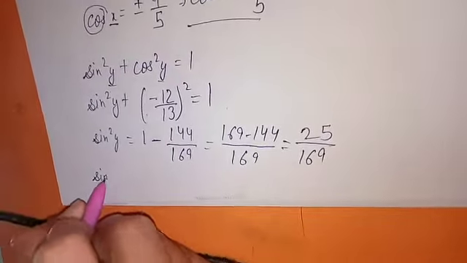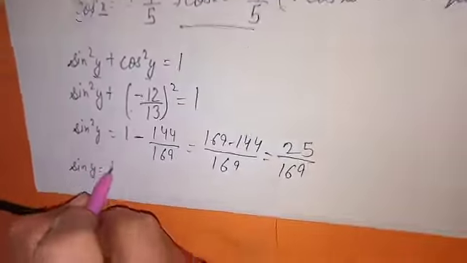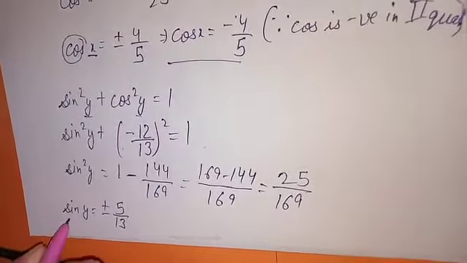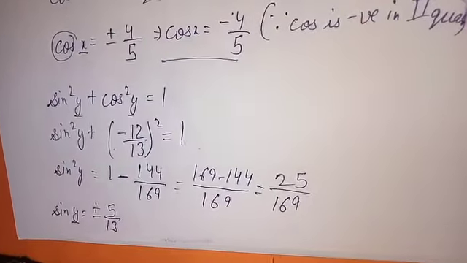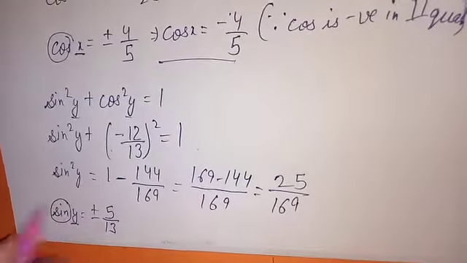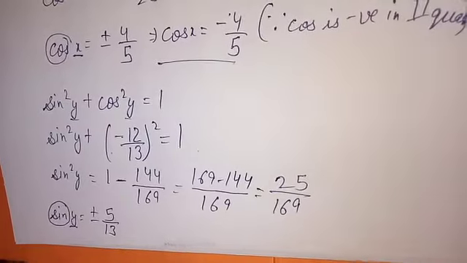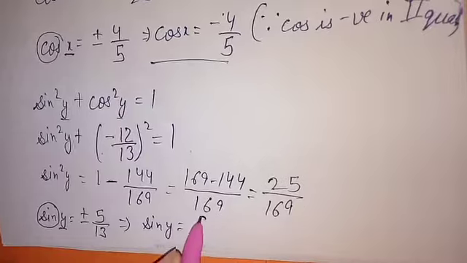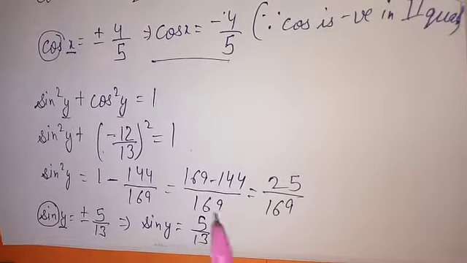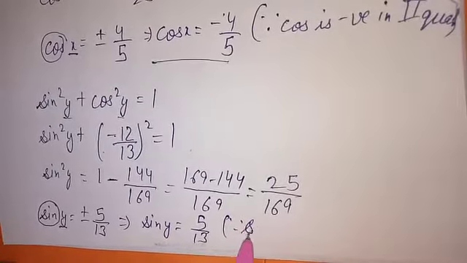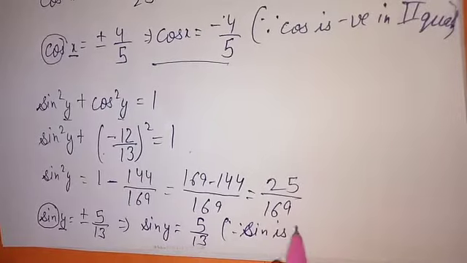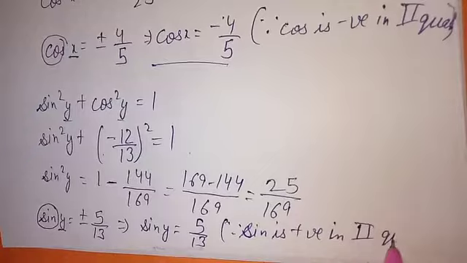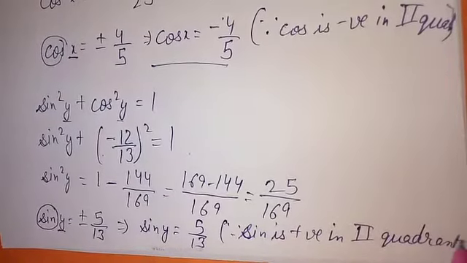So sin y will be plus minus 5 by 13, and y lies in second quadrant, and in second quadrant our sin is positive, so we get sin y is equal to 5 by 13. Reason will be sin is positive in second quadrant.